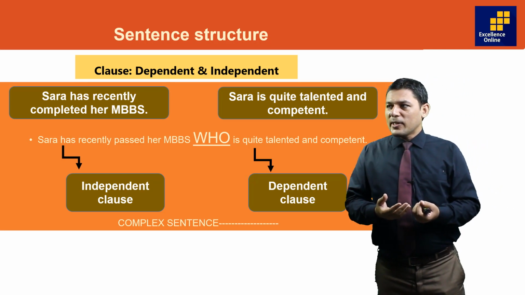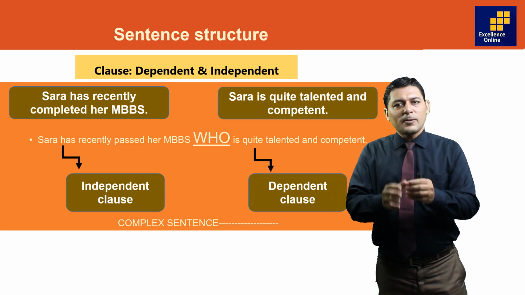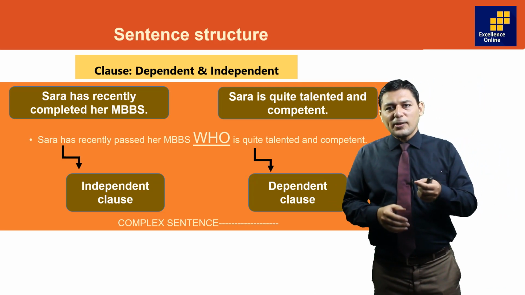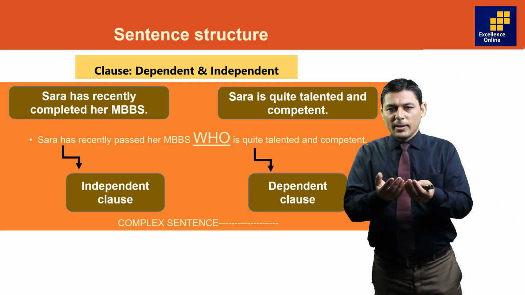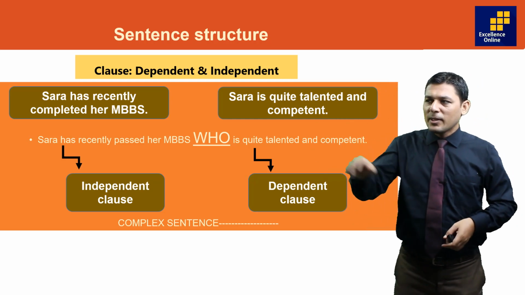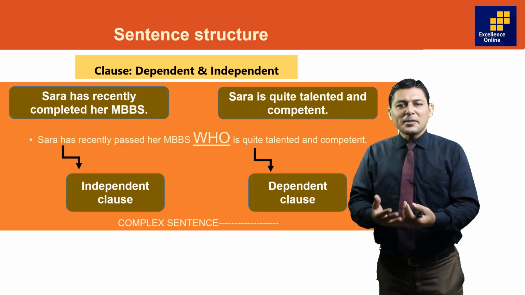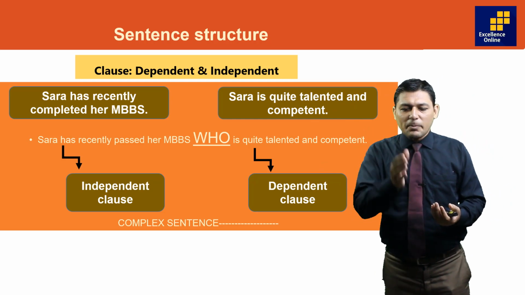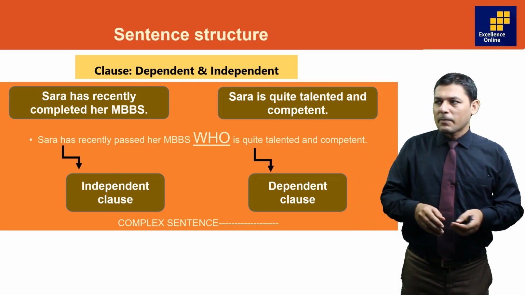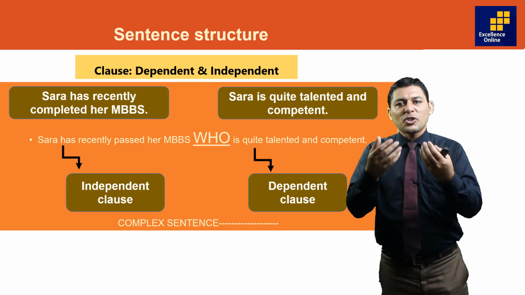And a clause is a group of words which has a complete meaning and sense. But the difference is a sentence has a subject part and a predicate part. Okay, we will discuss this later on. But right now, dependent clause and independent clause. A dependent clause is also known as a subordinate clause, and an independent clause as a principal clause.